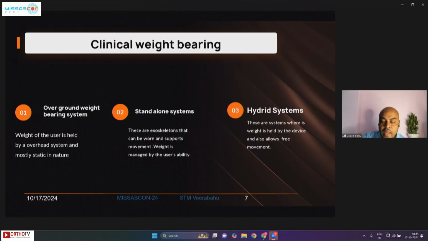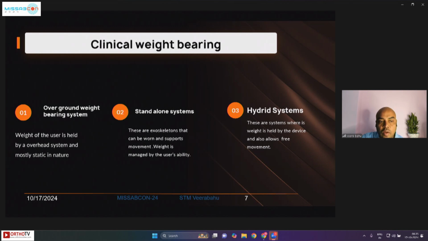Let me break the third segment, clinical weight bearing systems, into 3 more components. The first is overground weight bearing systems. These are systems where a patient is held overground through a harness, and then they are made to walk on a treadmill.